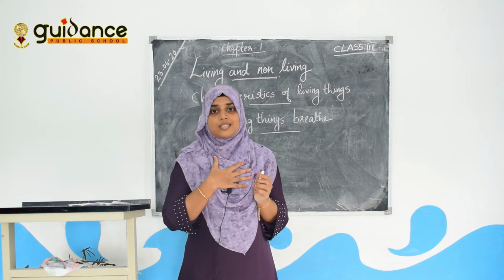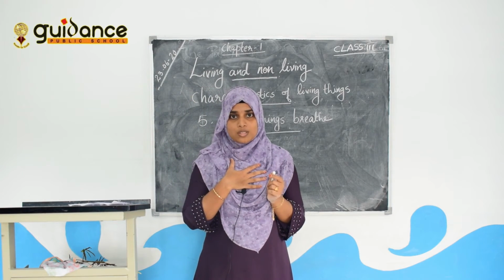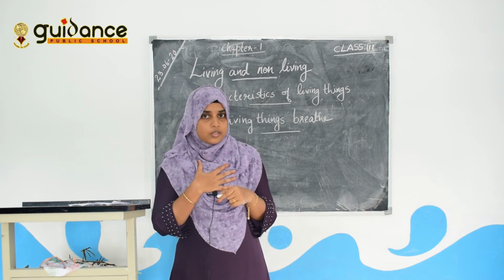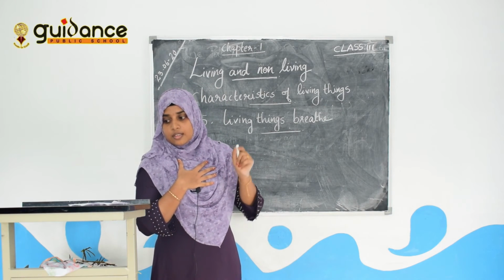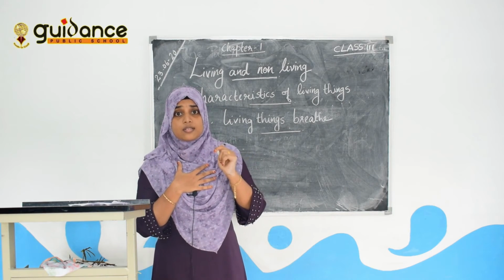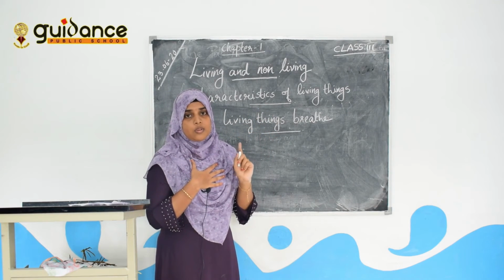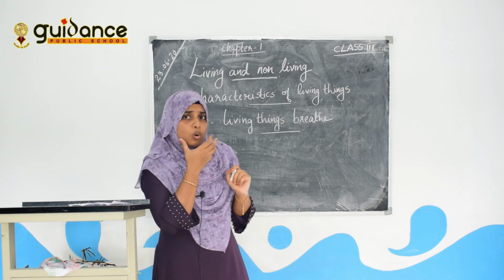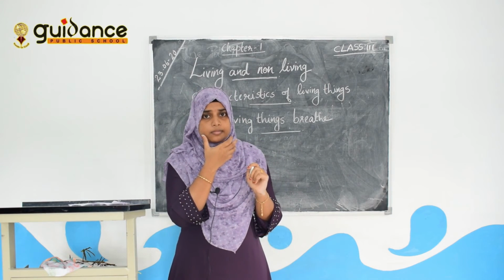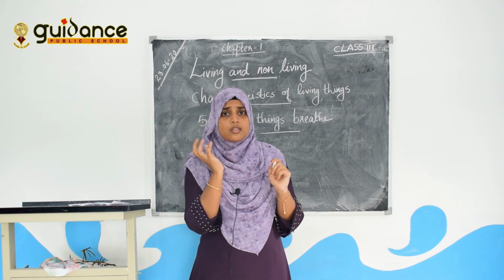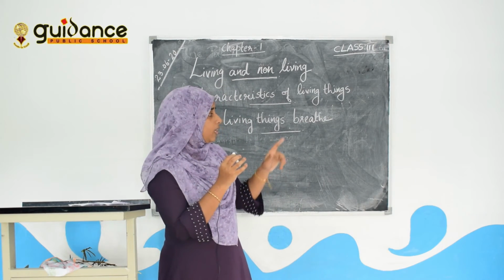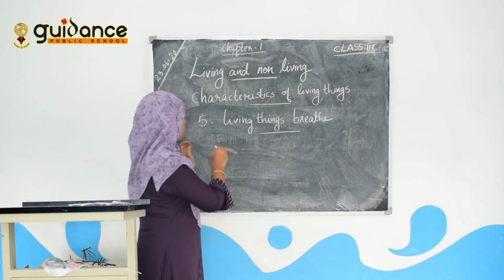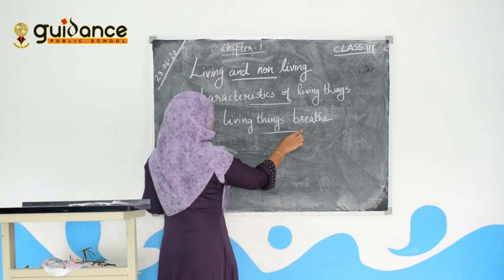Yes, it goes up and down because we breathe air in and out. Only living things breathe. When you cover the nose of a doll, what will happen? Nothing will happen because the doll is non-living.